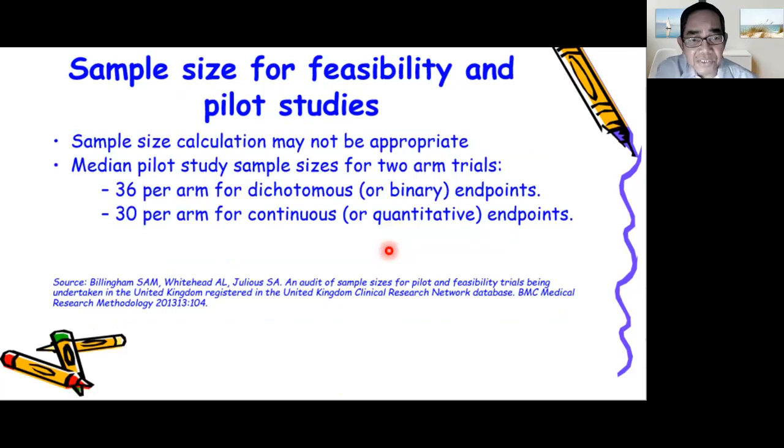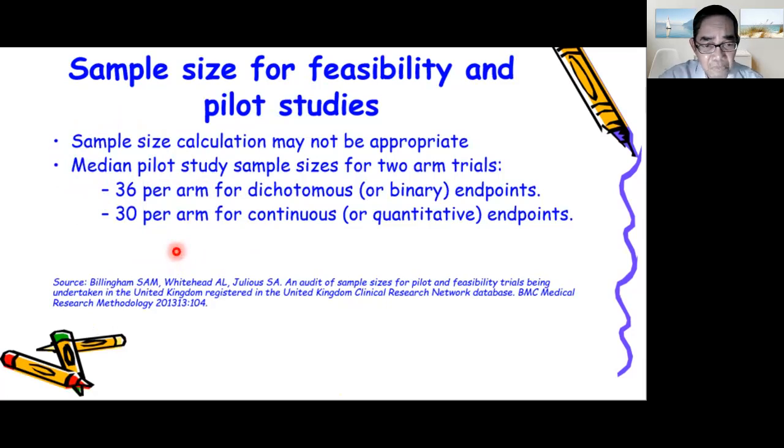Now, for feasibility study and pilot study, sample size calculation may not be appropriate. But for pilot studies, we can have these median pilot study sample sizes for 2-arm trials. If the outcome is dichotomous, we have 36 per arm, and 30 per arm for continuous outcomes or quantitative endpoints. This is just an arbitrary number.